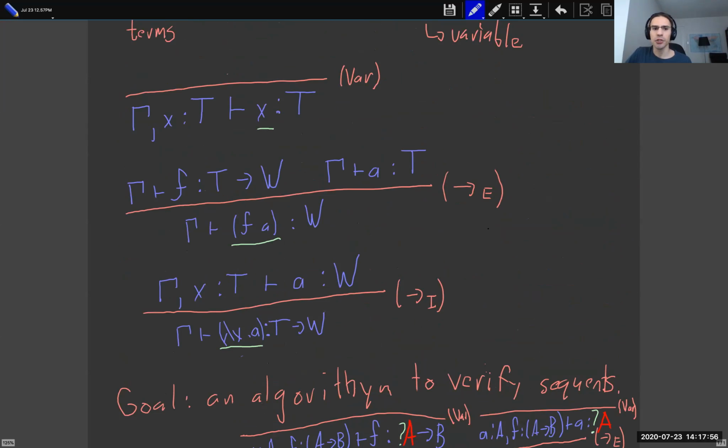And all of those conclusions precisely define valid sequents according to this proof system, according to this system of inference rules. Any questions?